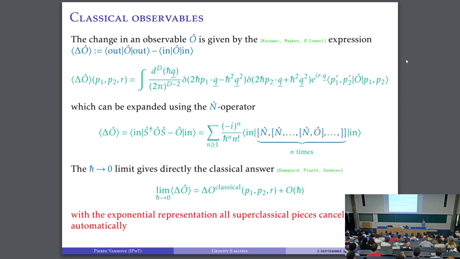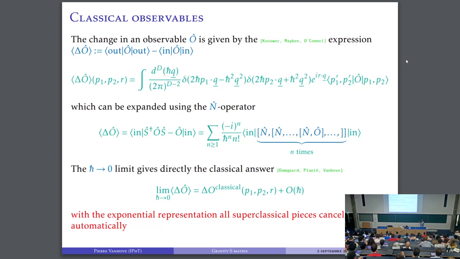One of the things you can do is, Kosower maybe and O'Connell, they have explained to you that indeed the right way to define your classical observable, the one you would give to your GR colleague, is through a prescription. When you take the matrix element, you do the Fourier transform, and then you have this delta function localization.